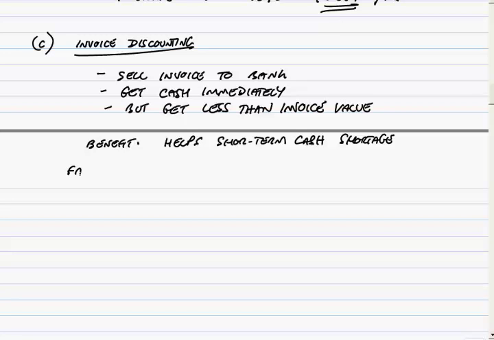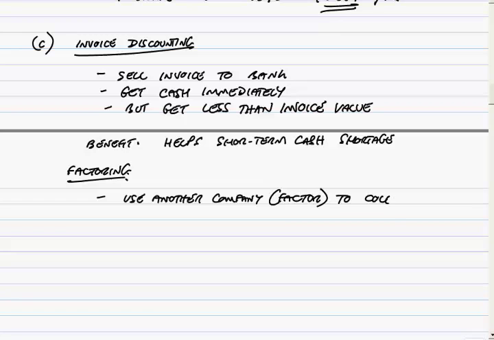On the other hand, factoring is more of a long-term policy. It's where you use another company, the factor, to collect the debts. And the potential benefits of that: more efficient collection.